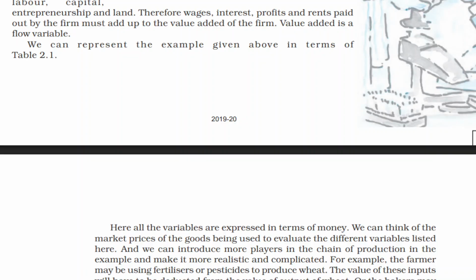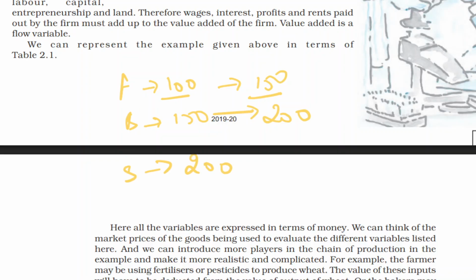Value added is basically how much value a particular one is adding when selling to the next person. Like if a farmer's cost is 100 rupees and he is selling for 100 to a baker, and the baker's cost is 150 but he is selling for 200 rupees, and then the shopkeeper's cost is 200 rupees but he is selling it for 250.